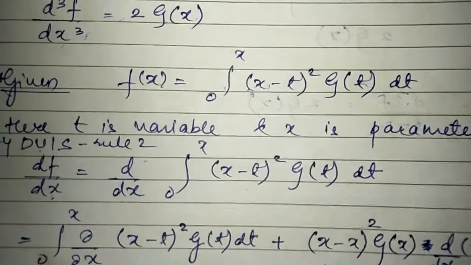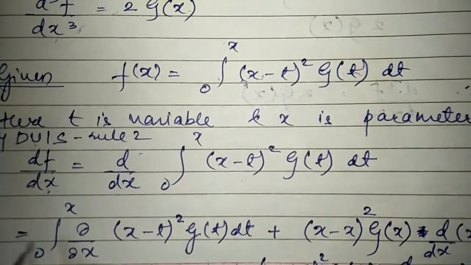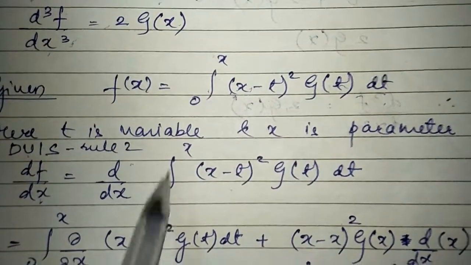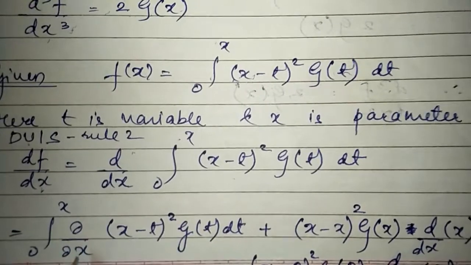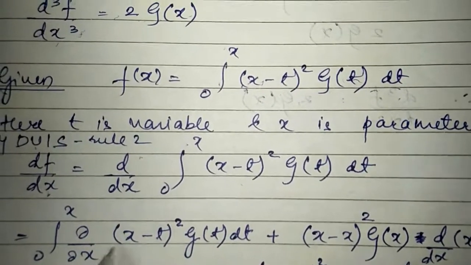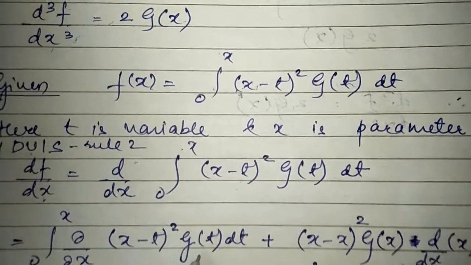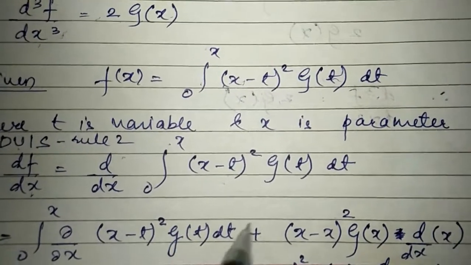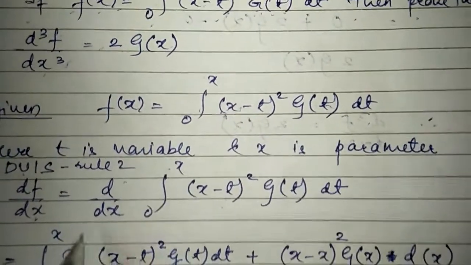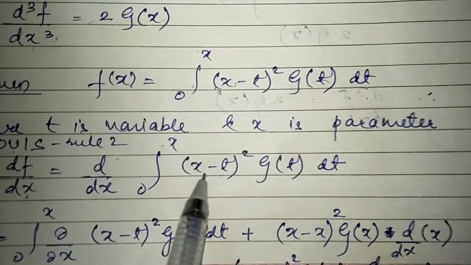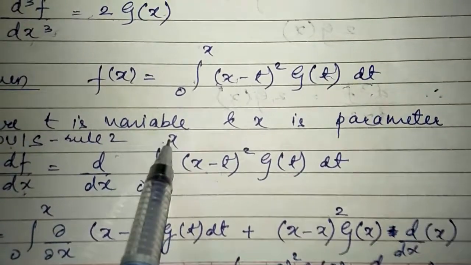Now applying the rule, it is equal to the integral from 0 to x of the partial derivative with respect to x, because x is the parameter of this function, that is (x minus t) whole square into g(t) dt, plus the second term, the value of this function for the upper limit.